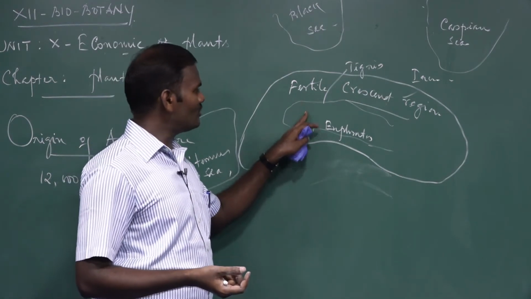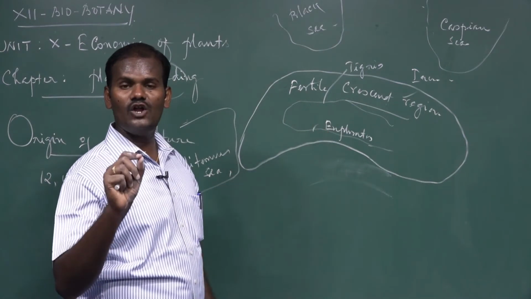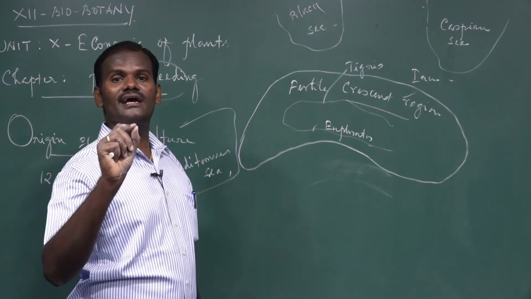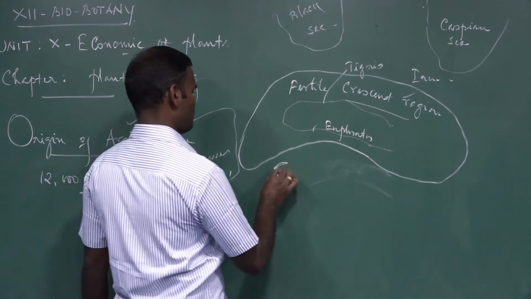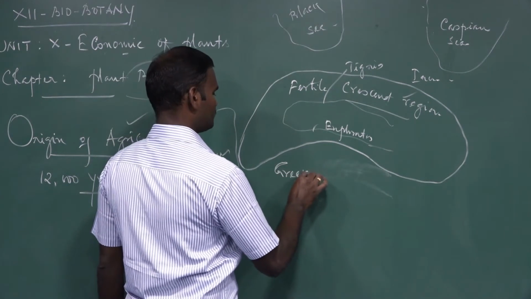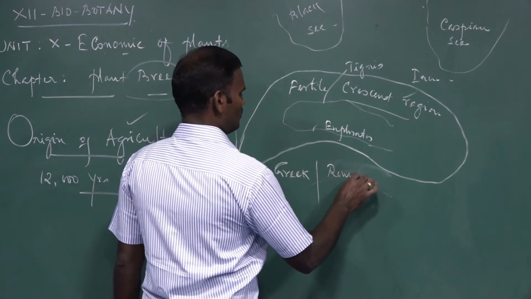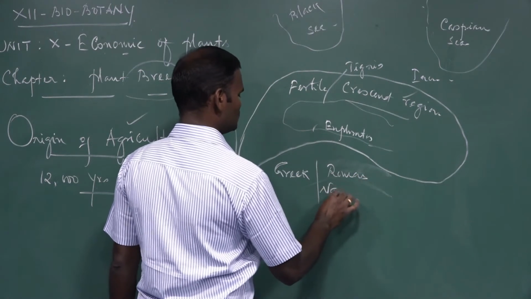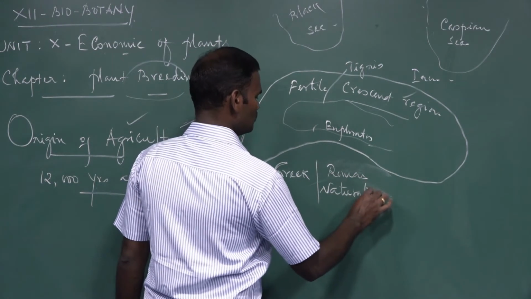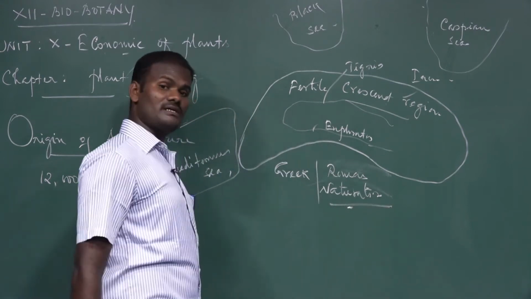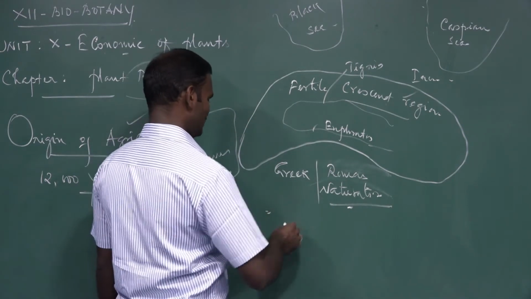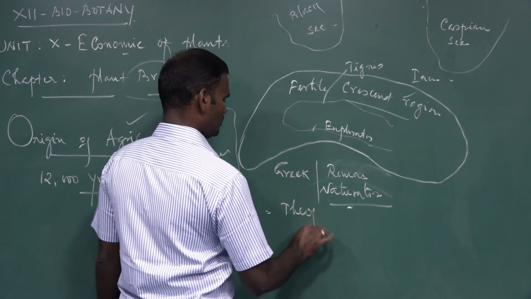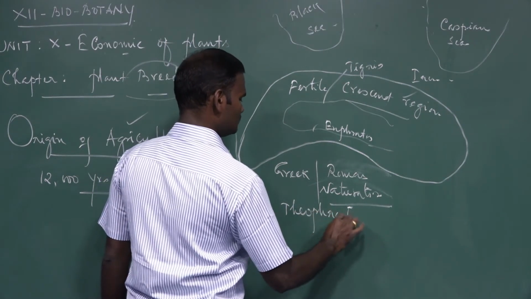The reasoning for domestication of plant species was laid down by Greek and Roman naturalists. Whom? Theophrastus.